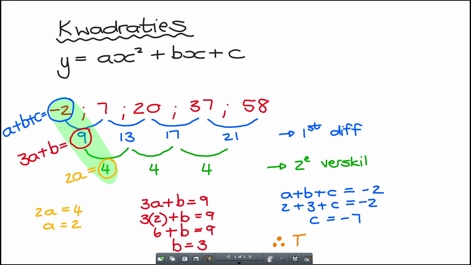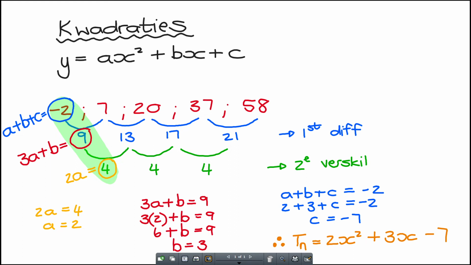term N will be equal to A was mos 2 x kwadraat plus B is mos 3 x en dan plus C, so minus 7. You guys good? Gaan julle enetjie gou vir myself kan probeer? So al wat jy hier vir my moet onthou is we go get first difference.